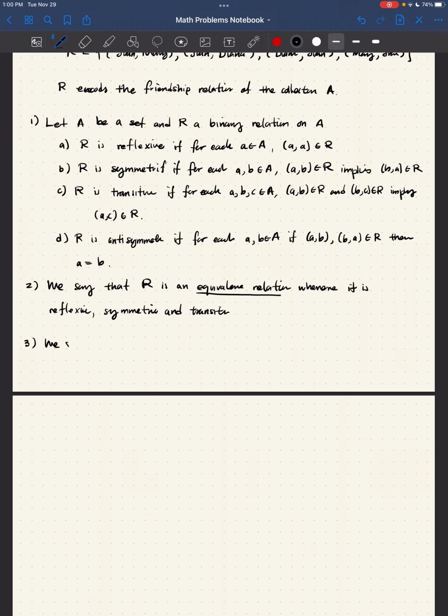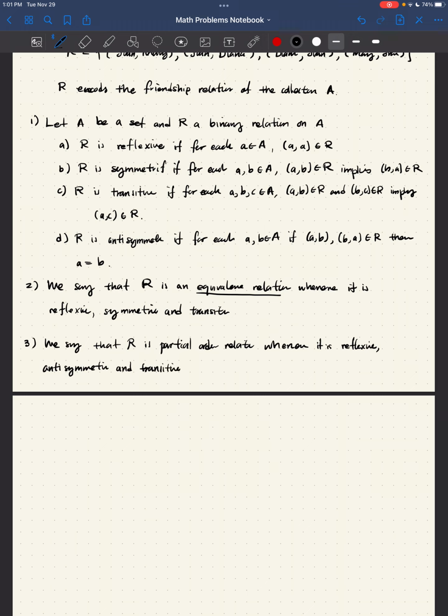We say that R is a partial order relation whenever it is reflexive, antisymmetric, and transitive.